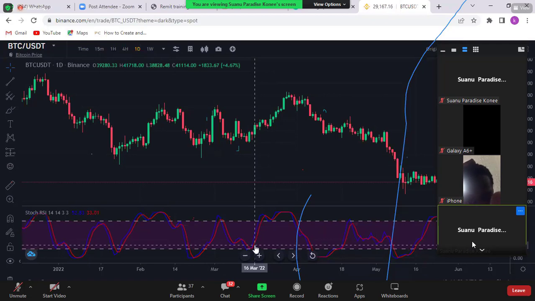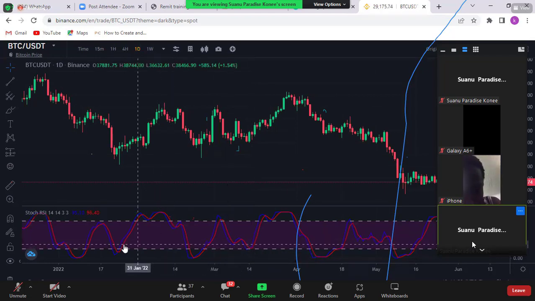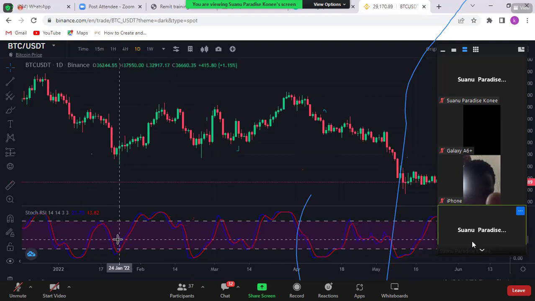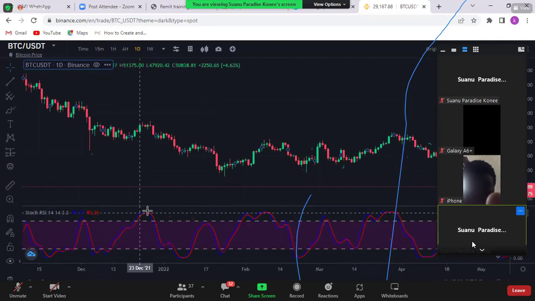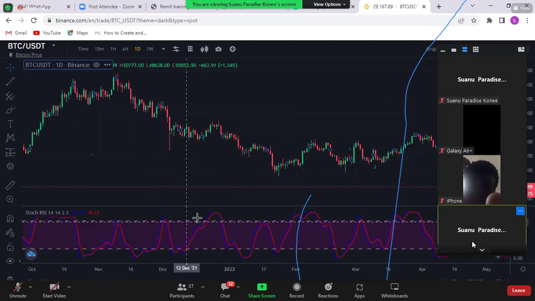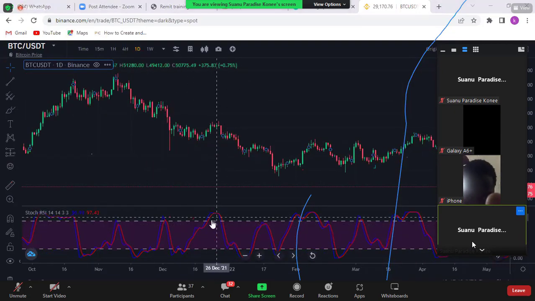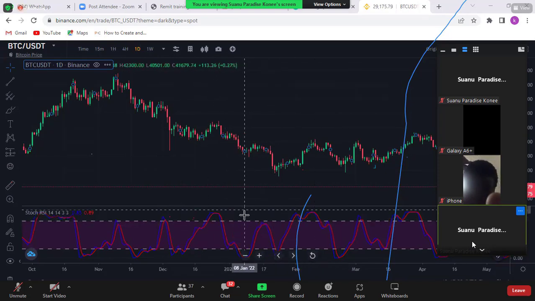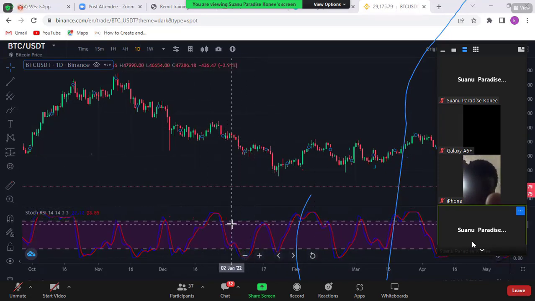But that is not all. How do we trade this strategy profitably? Let me show you. Remember I told you that this is the overbought region. This line and above is called the 80% line.